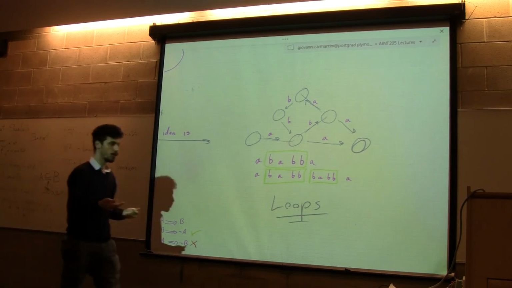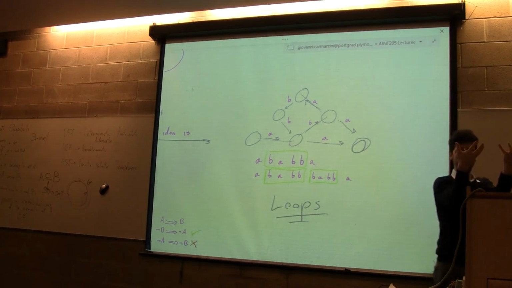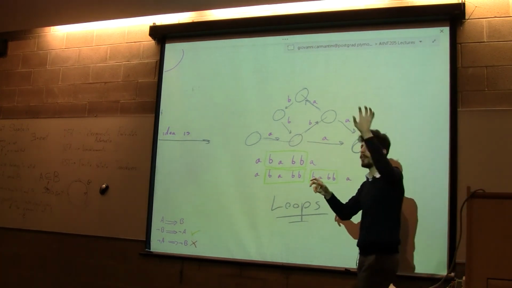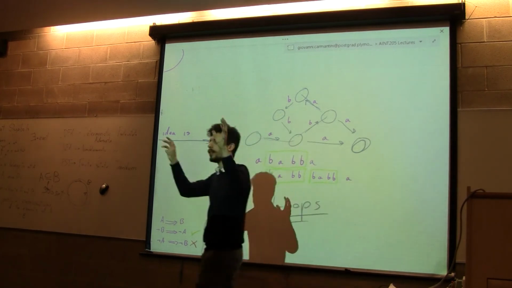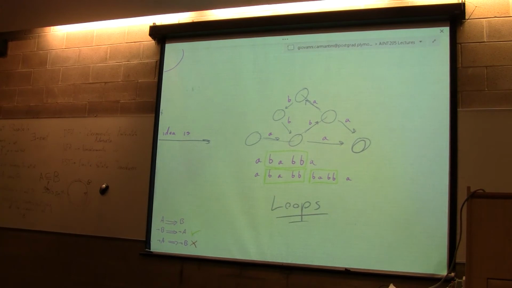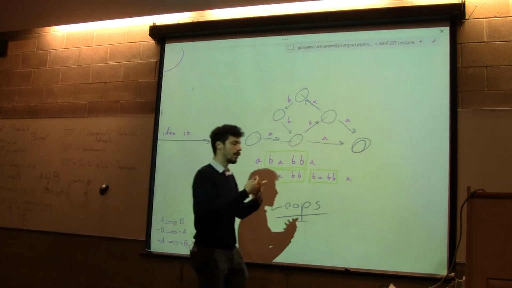The example I showed you is the example of the equal number of zeros and ones. Okay? If I add stuff anywhere, if I pump from anywhere inside the string, then the new string is not in the language anymore. So there cannot be a DFA which recognizes it. Okay? So because there's no DFA, then the language cannot be regular.